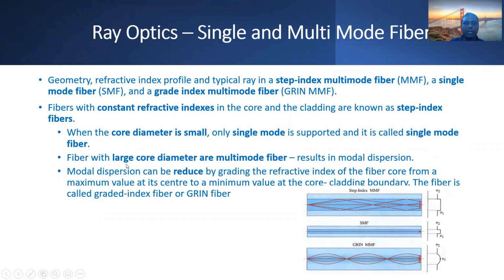A fiber with a large core diameter becomes a multimode fiber. However, the side effect is modal dispersion. But modal dispersion can be reduced by grading the refractive index of the fiber core from a maximum value at its center to a minimum value at the core-cladding boundary. This is called a graded index fiber.